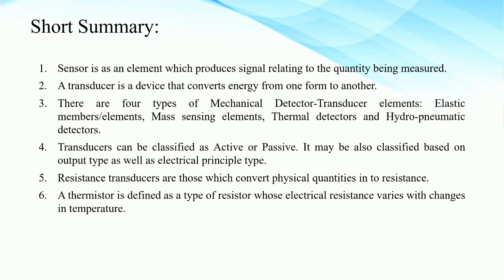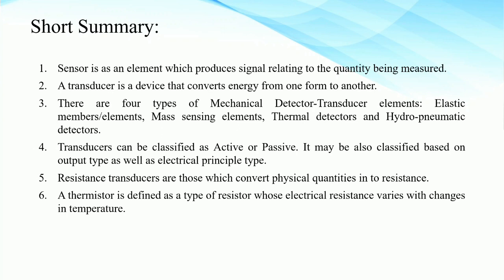Transducers can be classified in several ways, like active or passive, or based on the output type, like digital or analog transducers. Then, based on the electrical principle, like variable resistance, variable inductance, variable capacitance, voltage generating, and voltage divider.